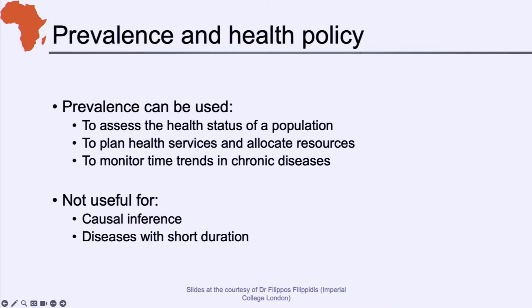We can use prevalence to obviously assess the health status of a population, but also to plan health services and allocate resources, to monitor time trends in chronic diseases and other cases as you may see fit in health policy development. But it may not be useful for causal inference and diseases with a very short duration.